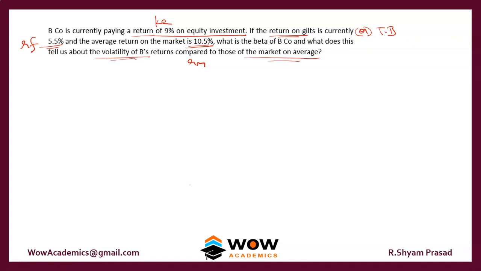So we'll try to do this. Here we'll just do the sum. We'll have the formula. So KE he has given, that's 9. RF is 5.5. Beta is what we have to find in this problem. Rm is 10.5 and Rf is 5.5. So we'll solve it.